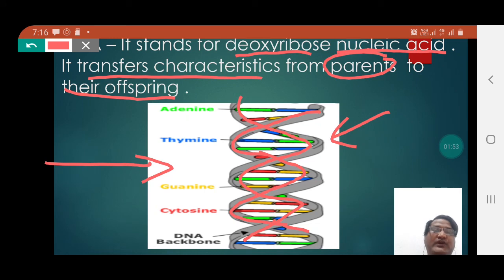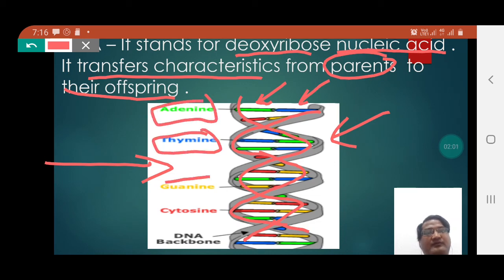And in between two helixes, there is presence of the nitrogen base, which you can notice in the form of adenine, thymine, guanine and cytosine. And in the center remains present hydrogen bond, which forms the backbone of the DNA.